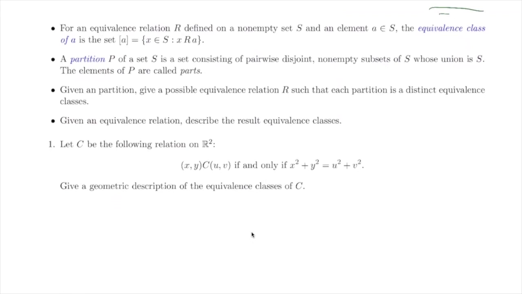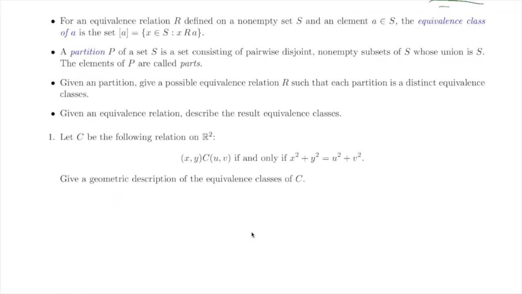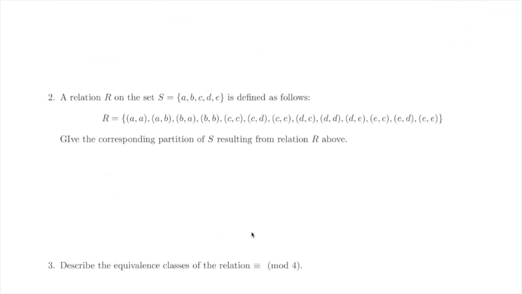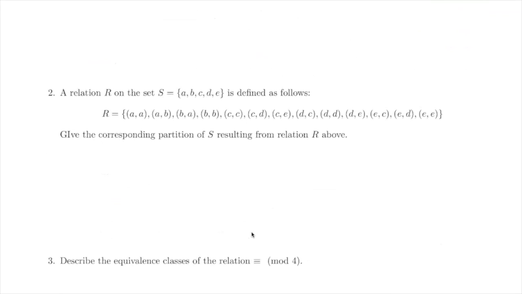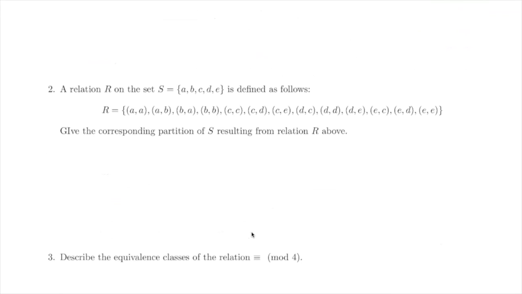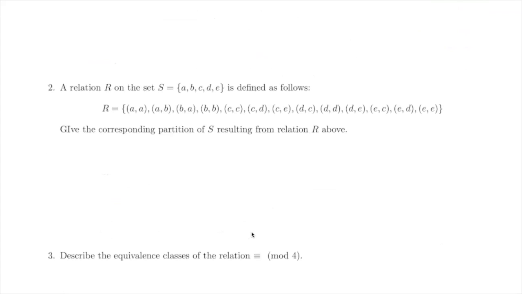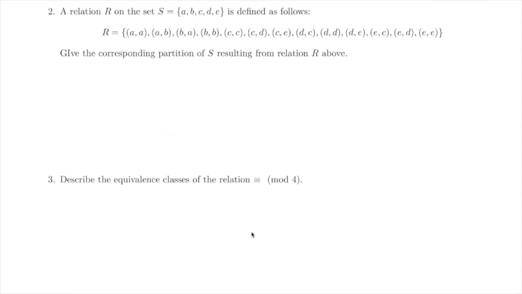Here's one where there's a relation, tell me what the classes look like. And here is one where there's a partition, or a relation given in terms of a set, tell me what the corresponding partition would be. And here's one with modular arithmetic.